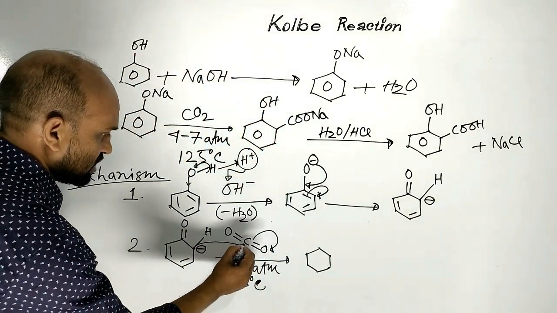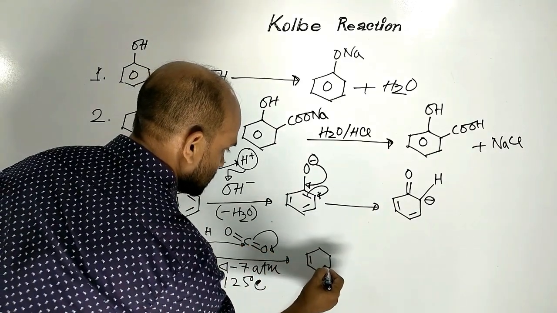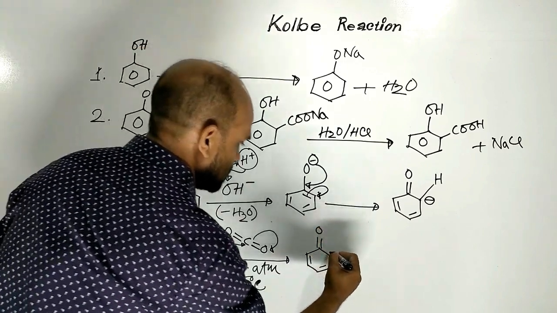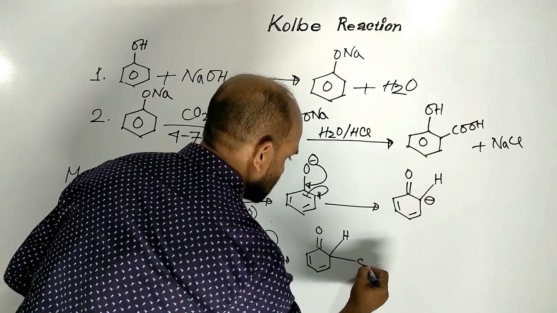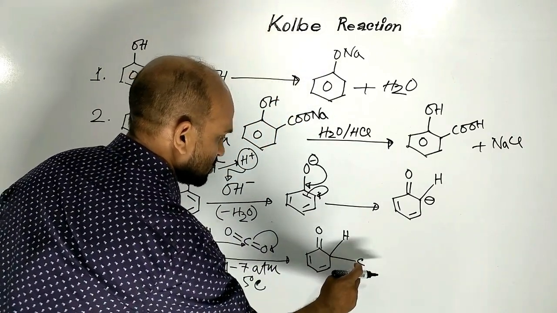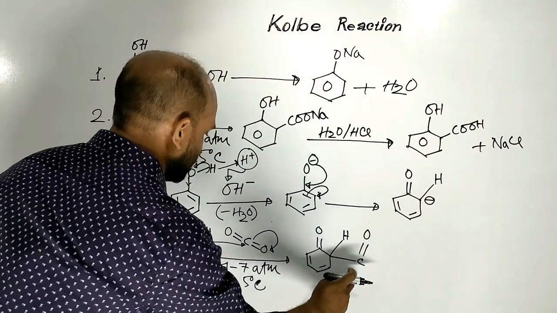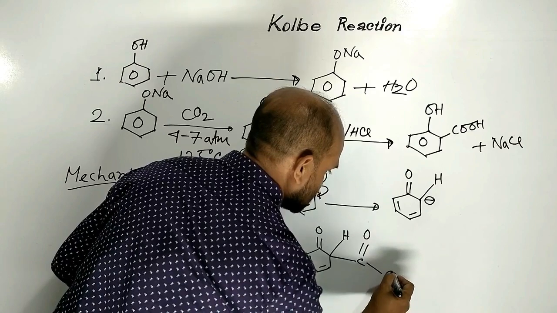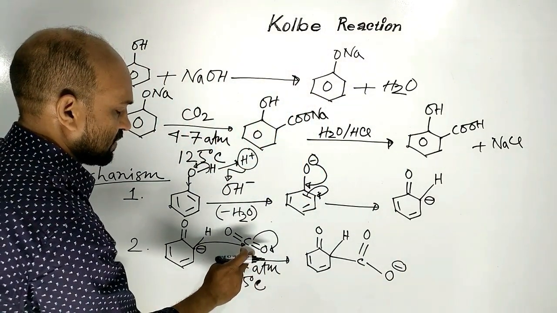This carbon and this carbon form a new bond. Carbon oxygen double bond. Here hydrogen. Carbon carbon new bond. Carbon oxygen double bond. Here carbon oxygen single bond with negative charge.